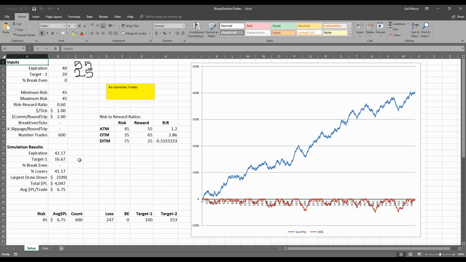It's very, very simple. Well, I'll do it here in this column. Let's say that your risk is 45. You're able to make 25. In that case, your risk to reward would be 25 divided by your risk, or 0.55.